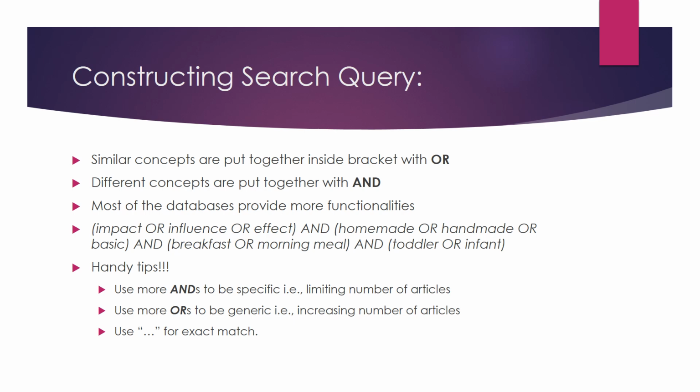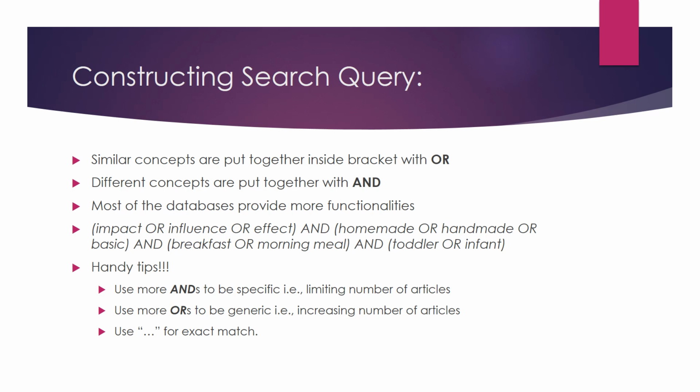Here I would like to provide you some handy tips. If you get so many articles, then you have to limit the number of articles. That means you have to be more specific. In that case, you can use more ANDs. And if you get too few articles, then you have to increase the number of articles.